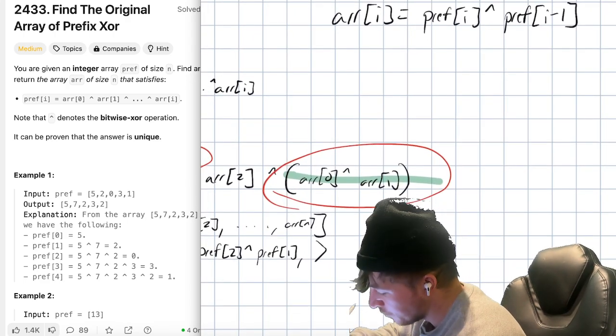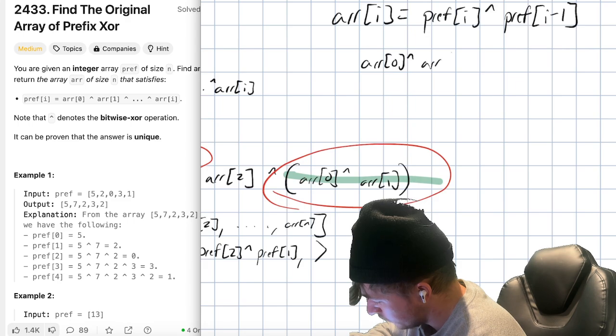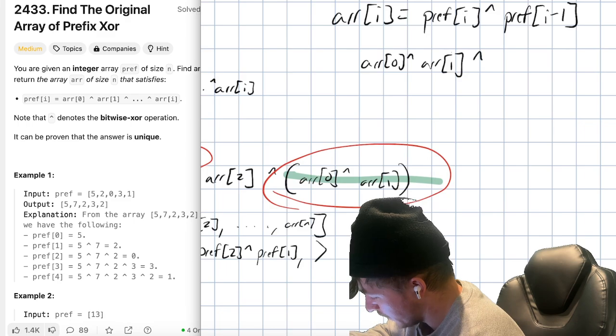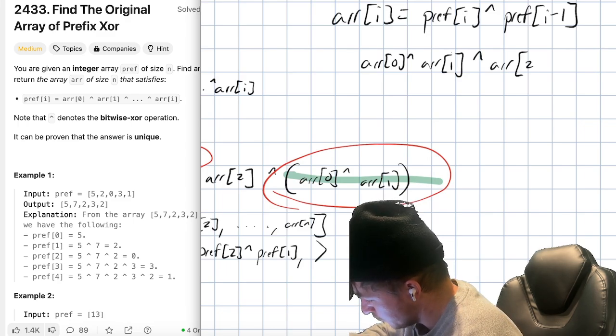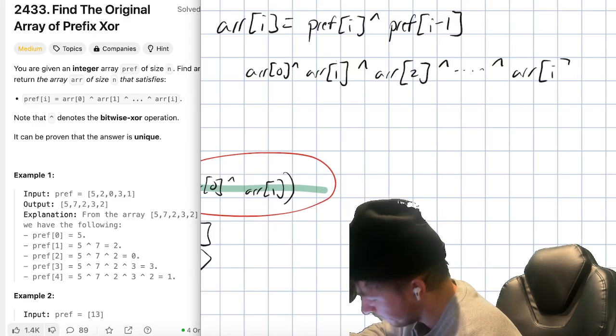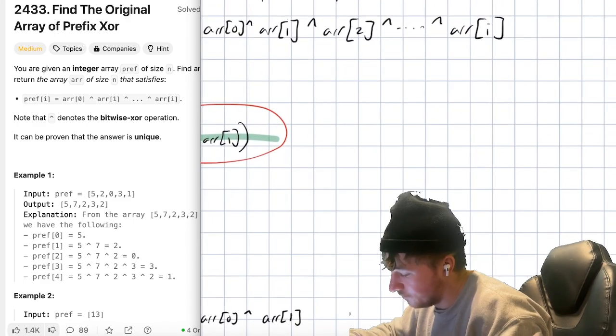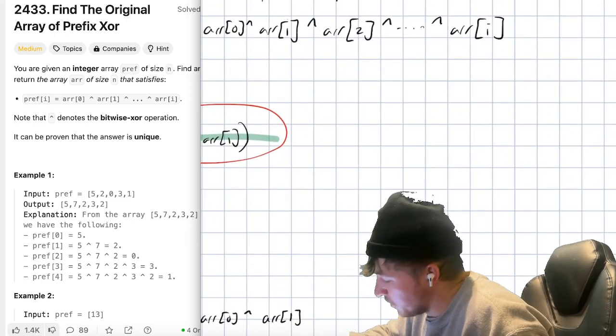So pref of I equals array 0 XOR array 1 XOR array 2 XOR dot, dot, dot, all the way up to array I. And then if I XOR that with pref of I minus 1, well, what's pref of I minus 1?